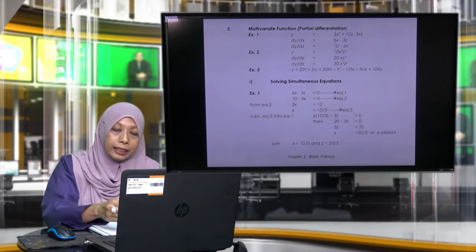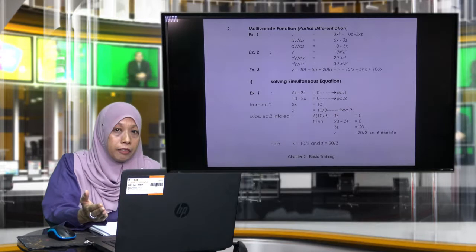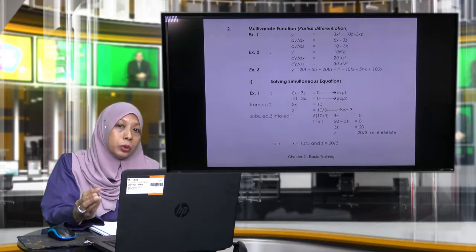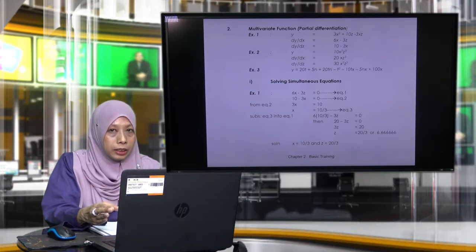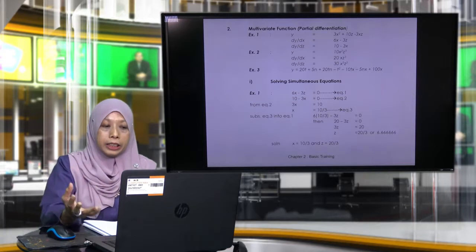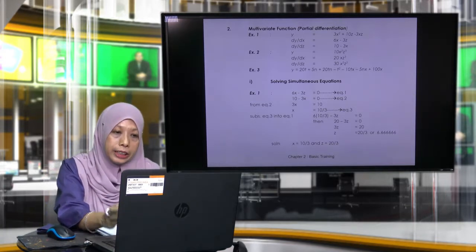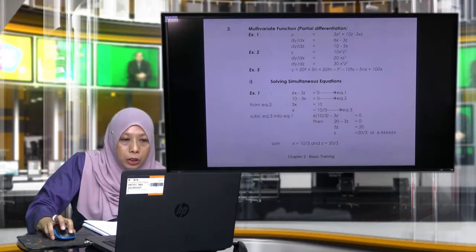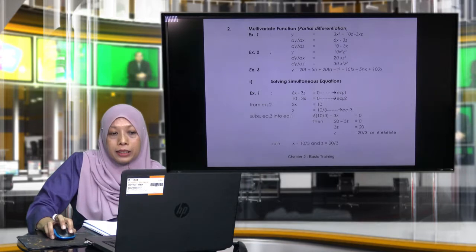Now the second process requires you to differentiate the same function but with respect to z, so you have to assume x as a constant. How are you going to differentiate this function? You still apply the same rules of differentiation. So let us repeat the same process, but this time around you are differentiating with respect to z.